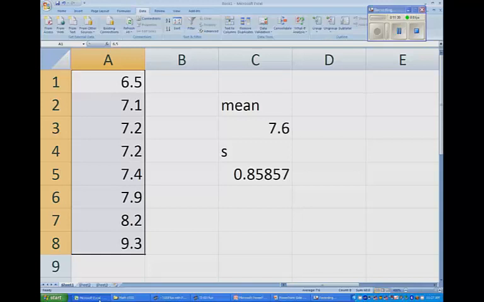Now, by the way, let me show you something here. 7.3. Can you guys find the percentile of 7.3 for me? Do that real quick. What's the percentile of 7.3? It's the 50th percentile. Do you guys see how that works? It means half of the data is below.